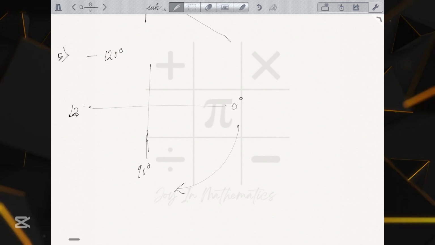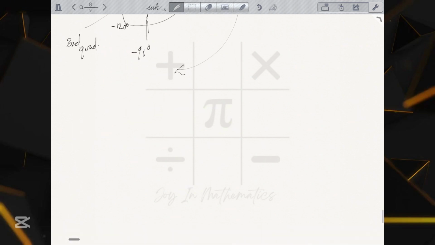Remember that they are all negative angles, so we can call this minus 90 degrees, this minus 120 degrees, and minus 180 degrees. Since we are looking for minus 120 degrees, we move in the negative direction, that is the clockwise direction. We start from here, move like this and stop here, and we call this minus 120 degrees. So this is the third quadrant.